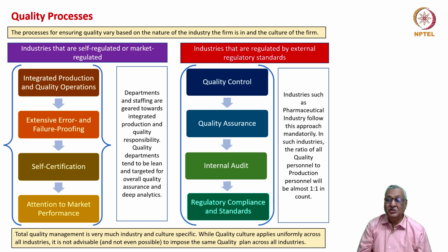So the difference is that because medicines are prescribed and consumed based on faith that they will meet the requirements, the quality function has to be extraordinarily strong in such industries. Same applies to semiconductor industry.